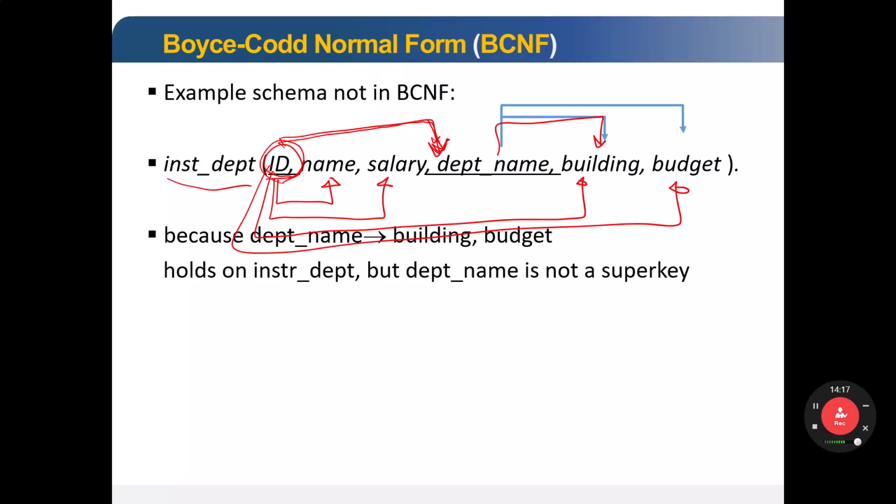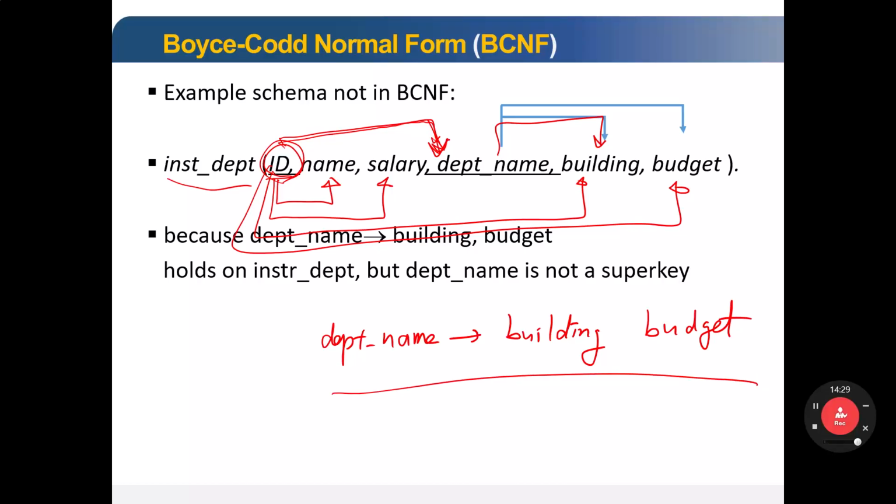So let's consider this functional dependency. Department name determines building and budget. Is this trivial? No, it is not. The left determinant is different from the right dependent. So this is not a trivial dependency. And we should check whether this left determinant is a superkey of the table. Is it a superkey?